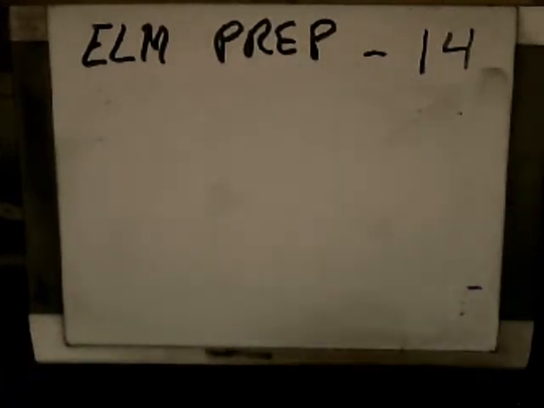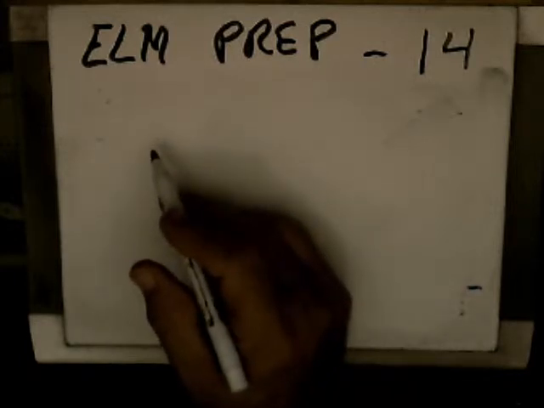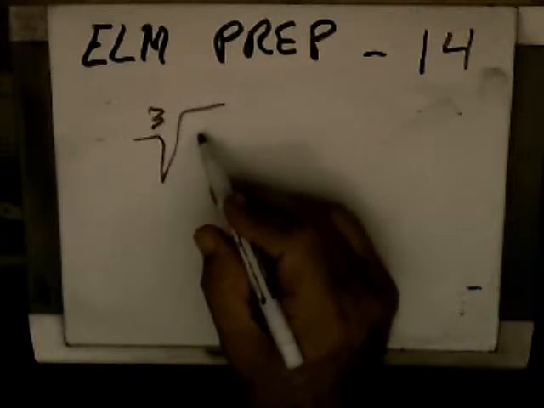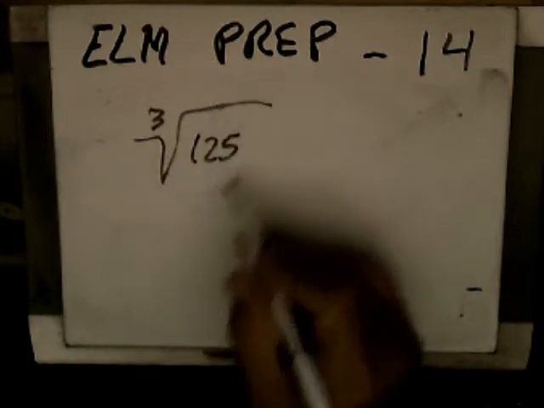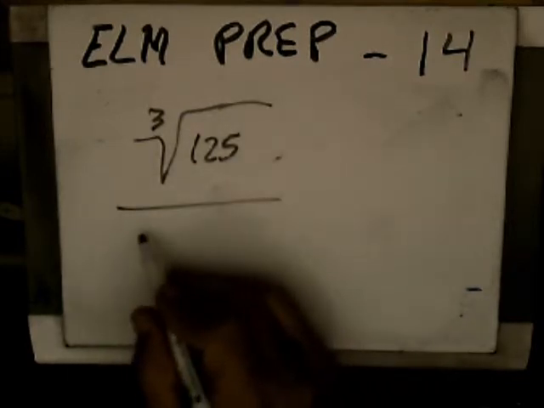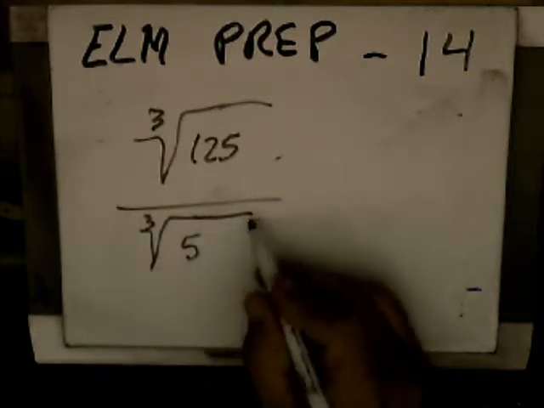All right. We're doing okay on time, so let's try another division. Cube root of 125 divided by, and I'll just put it like this, cube root of 5.